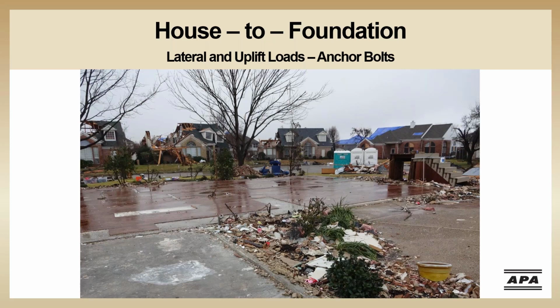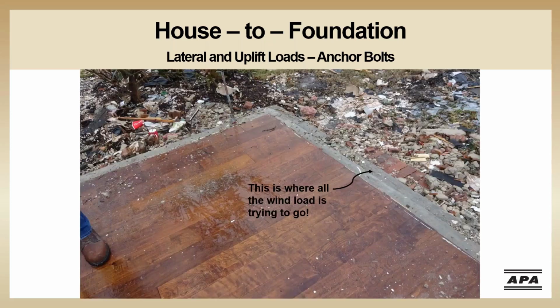At this house in Texas, the entire structure was removed from the foundation. You can see the relatively good performance of the houses surrounding this slab. The entire perimeter of the foundation was walked. It was observed that there were no anchor bolts holding the sill plate to the slab on grade foundation, only powder actuated fasteners.